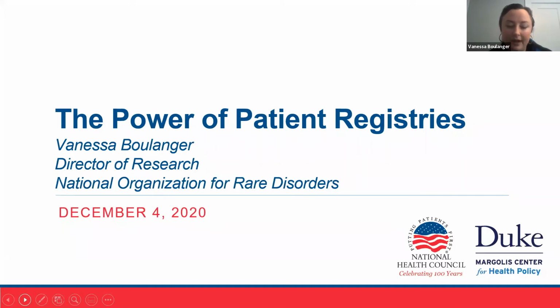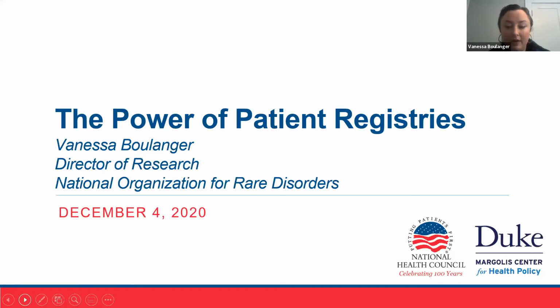For those who are tuning in today who may be a little less familiar with NORD, for nearly 4 decades, we've led the way in voicing the needs of the rare disease community through advancing research, through supportive policies and education, and through community engagement, providing patient and family services for those who need them most.